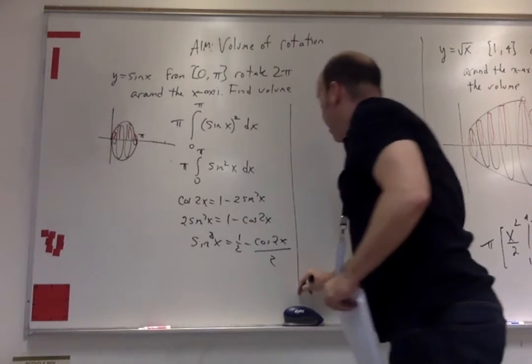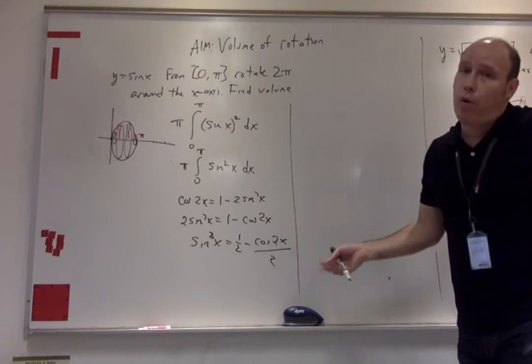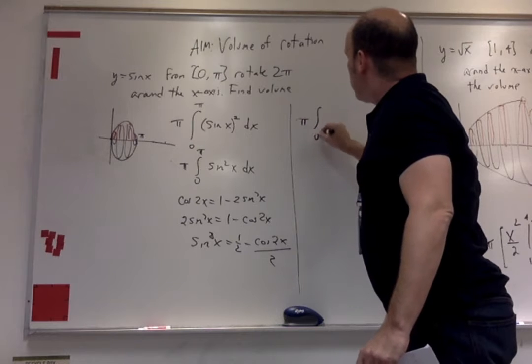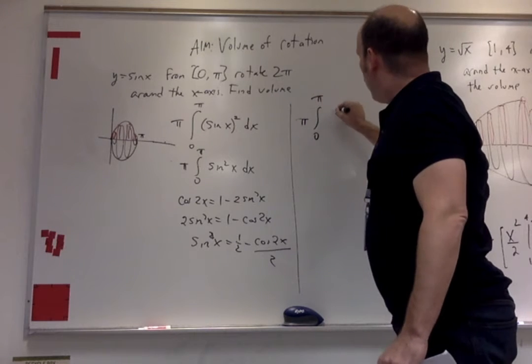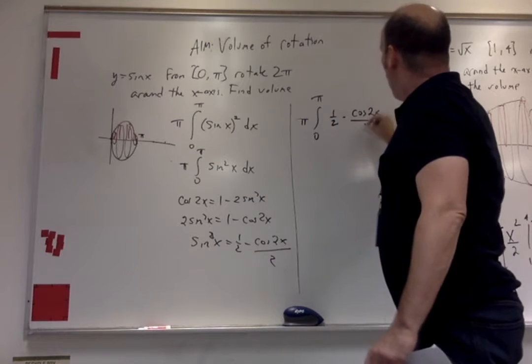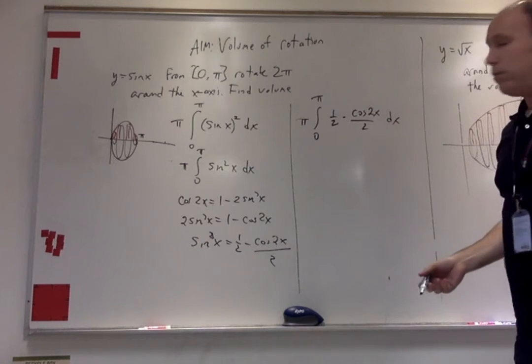You can do this by hand. Expect something like this to be on a part 1 question. So we have pi from 0 to pi of 1/2 minus cosine of 2x over 2 dx.